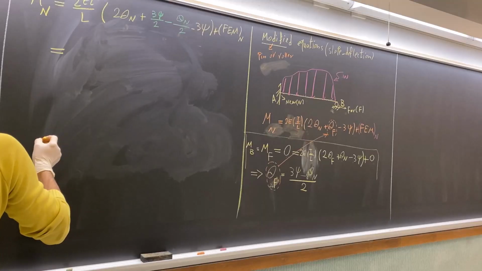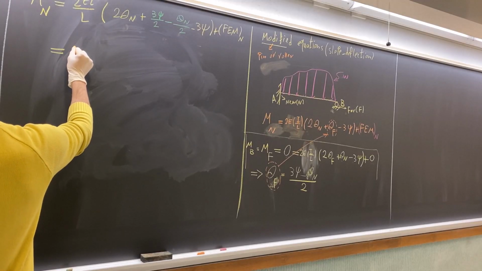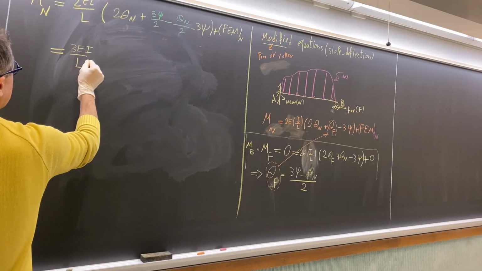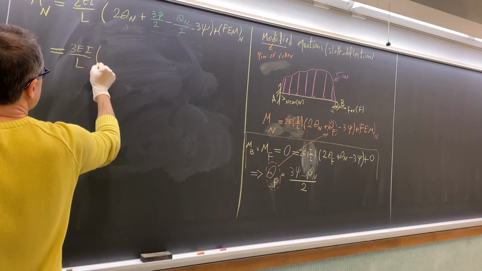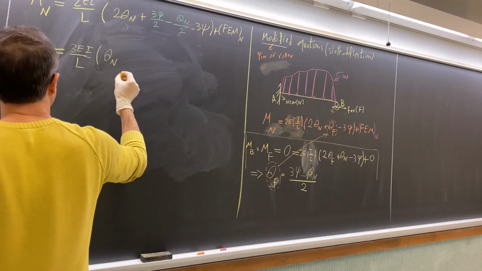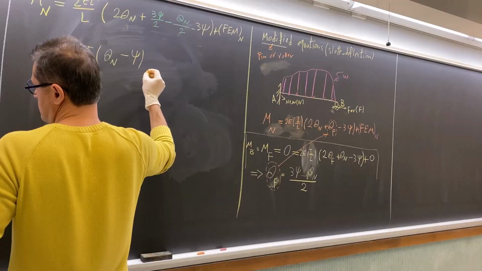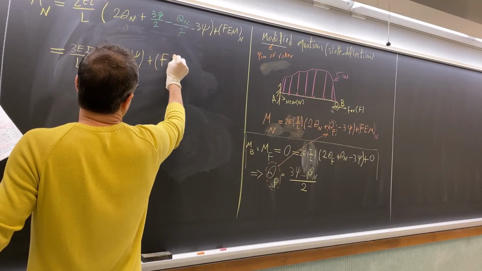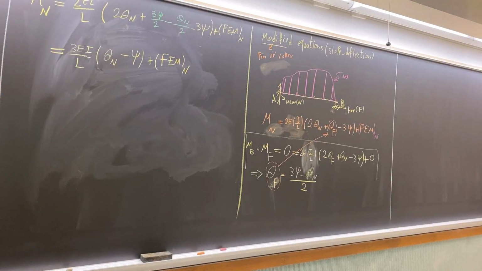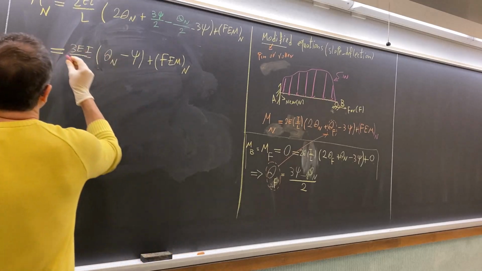So after simplification, the answer is 3EI over L times theta N minus psi plus FEM for near N. So this is the modified equation that we use.